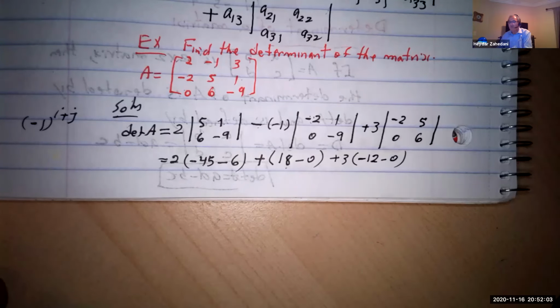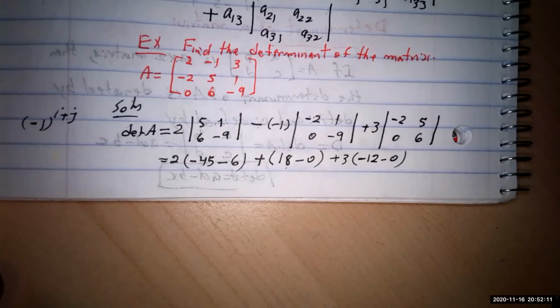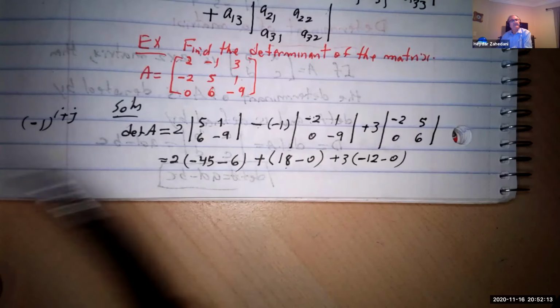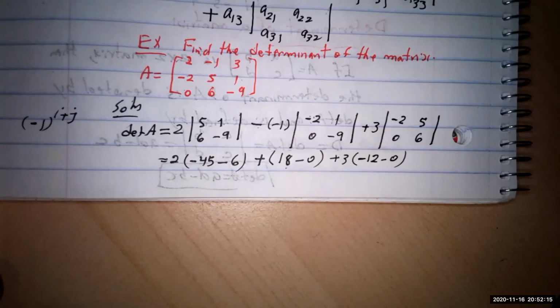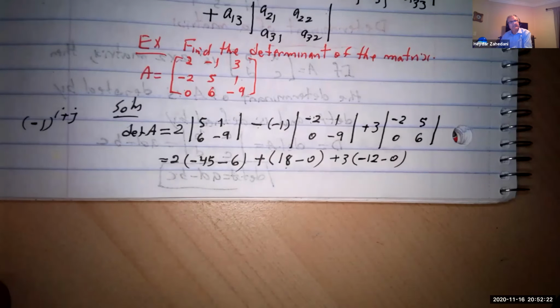No, negative is the negative of the 2, whatever it is. This is an extra negative. If it's a negative 2, make it negative 2. You just change the sign of the second one.